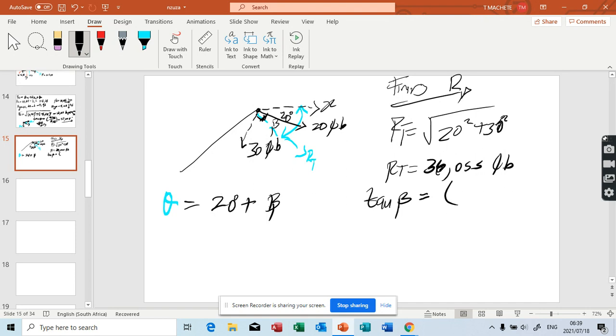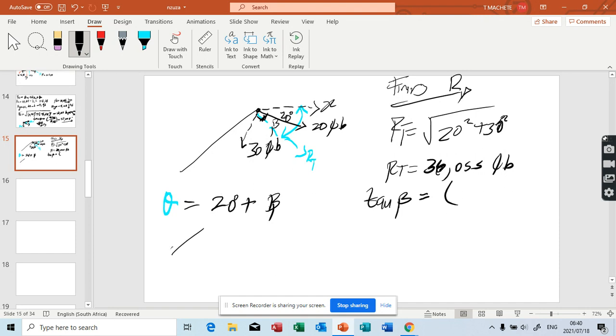From the graph that I drew. What is opposite to beta?